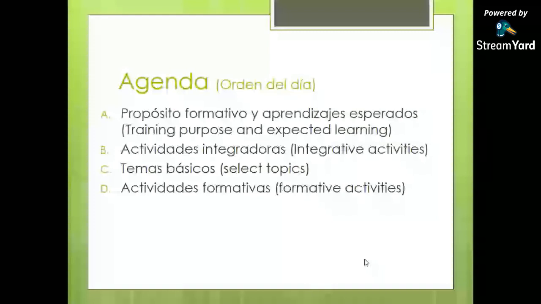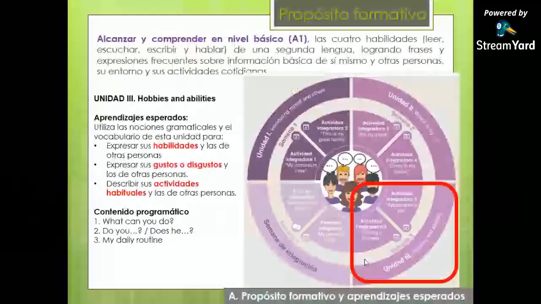So, first, what about the training purpose and expected learning? As you know, and I mentioned since the first session, the goal of this module is that you achieve the level A1 of English. It's the most basic level of English, so it is expected that you get this level.